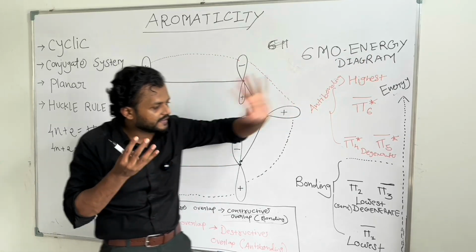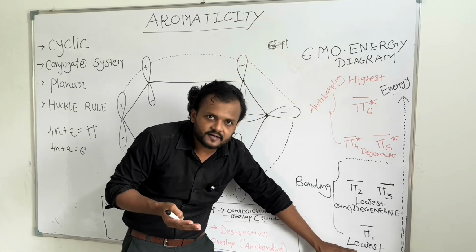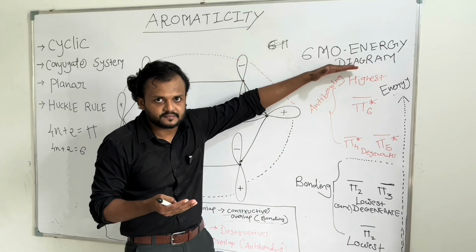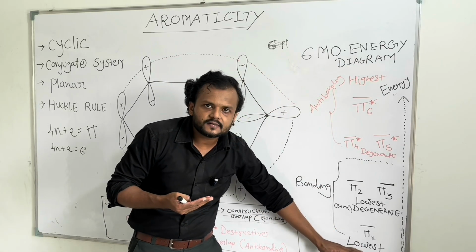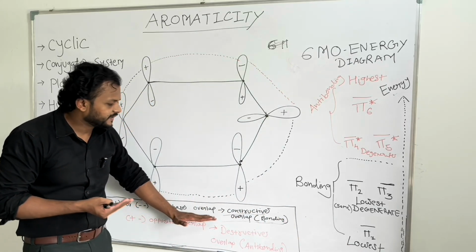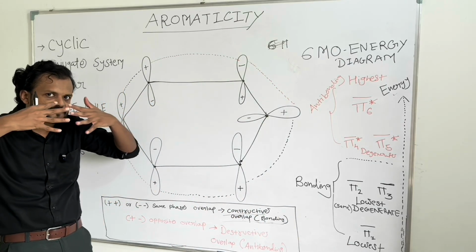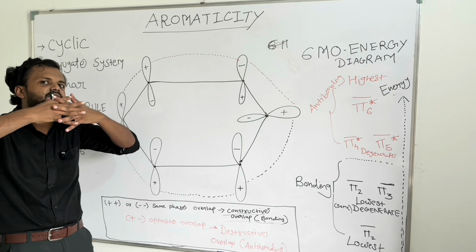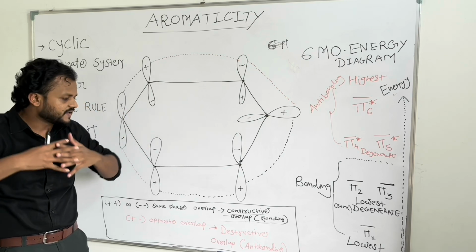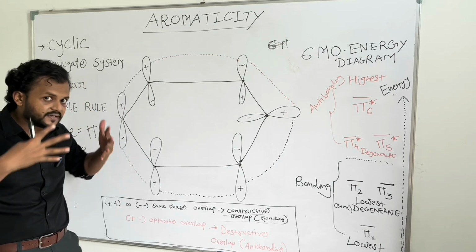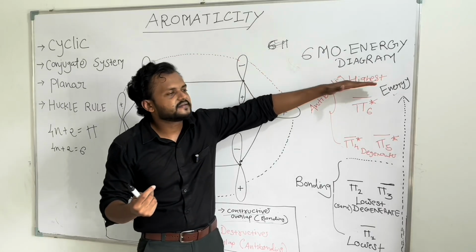You can see in the diagram the lowest energy and the highest energy. The lowest energy comes from the bonding interaction. If there is constructive overlapping, that means lowest energy. If there is destructive overlapping, the anti-bonding interaction, that's the highest energy.